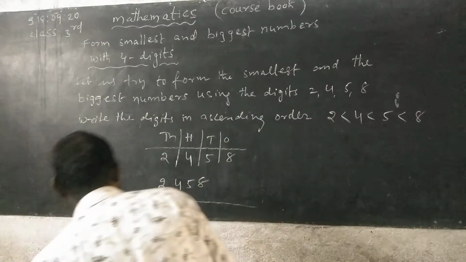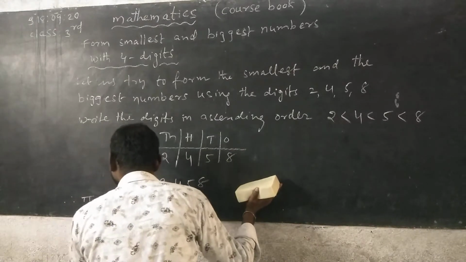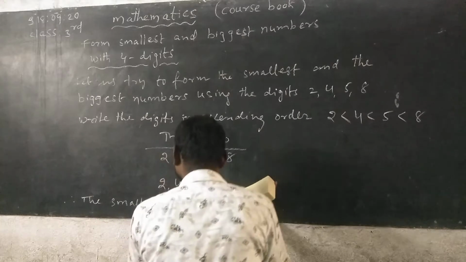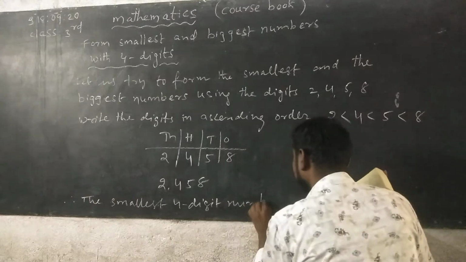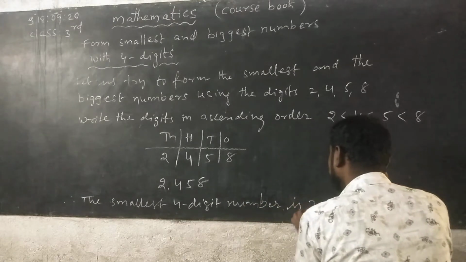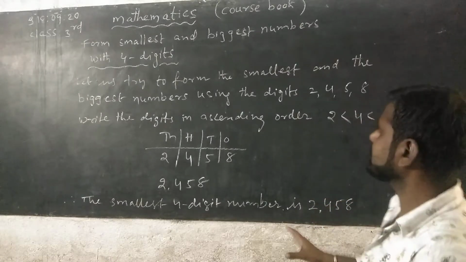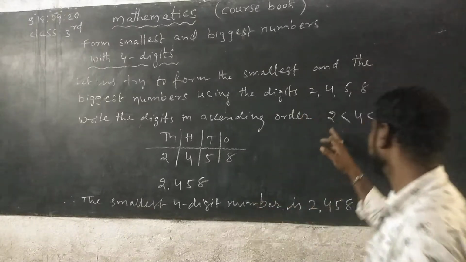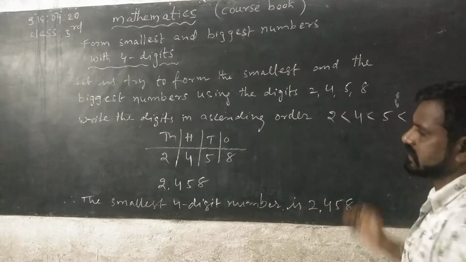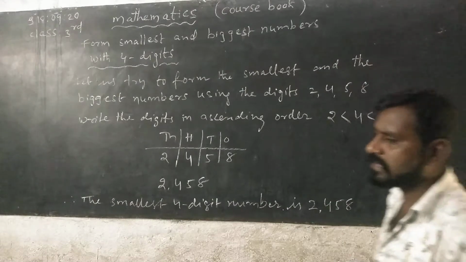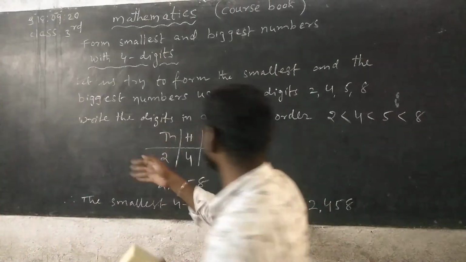Therefore, the smallest 4-digit number is 2458. First of all, you write the given digits in ascending order: 2, 4, 5, 8. 2 is less than 4, less than 5, less than 8. Here 4 digits are there, so you write 4 places from ones place to thousands place.